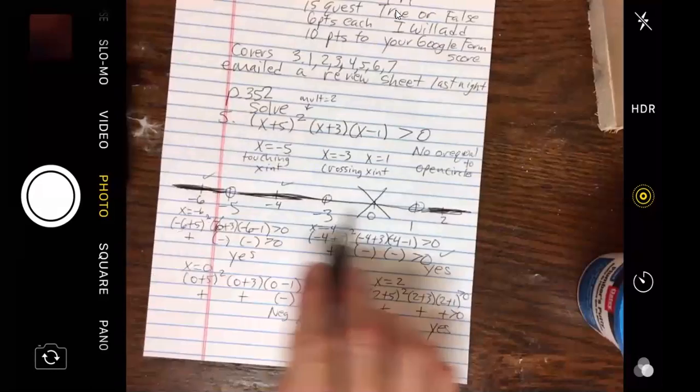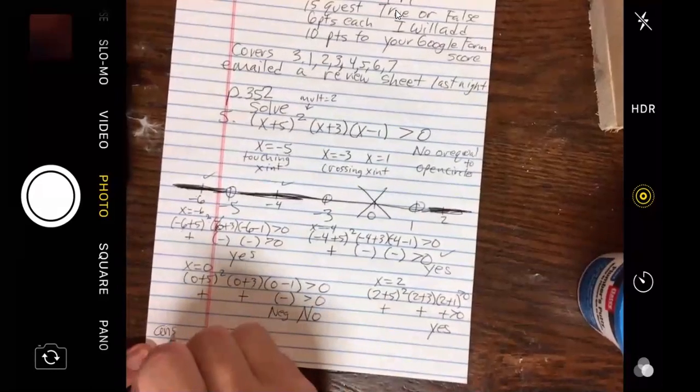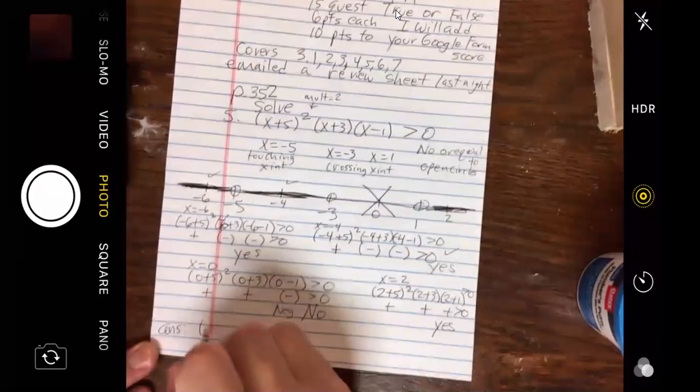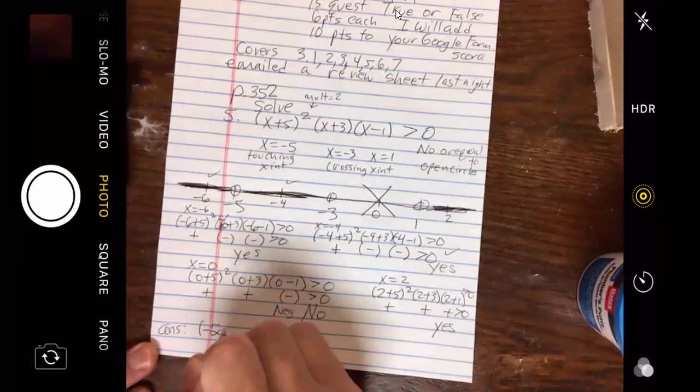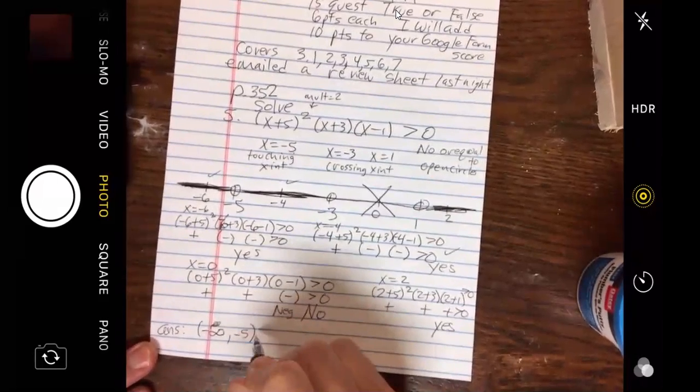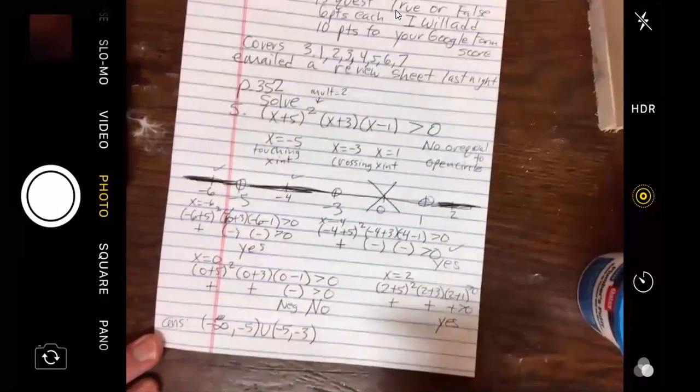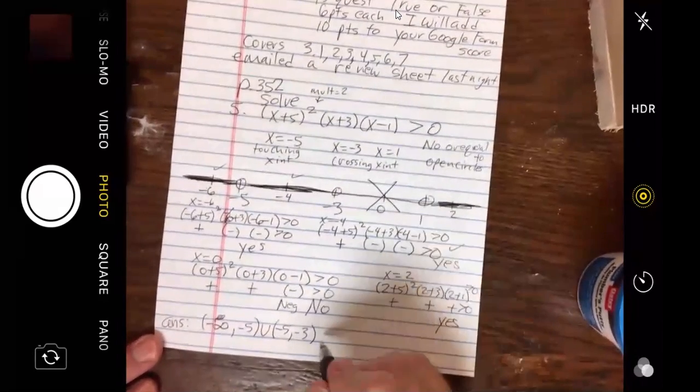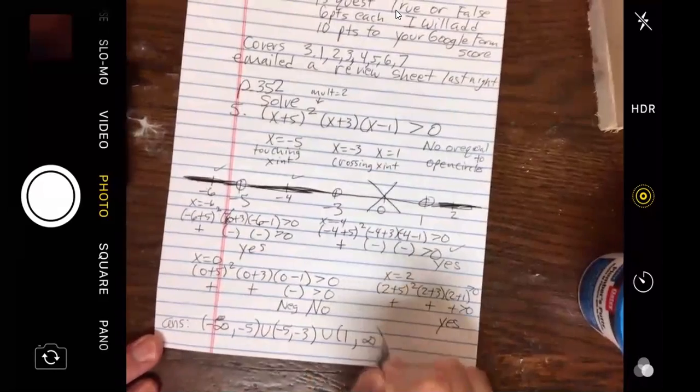So copying down, barely enough room to write the answer: negative infinity, comma, -5, union -5, -3, and then jump over to 1, comma, infinity.